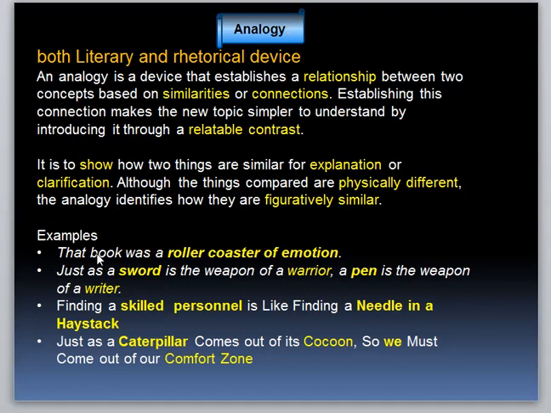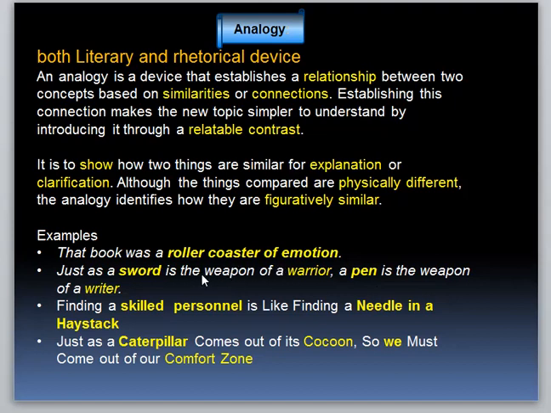For example, we have that book. Example: that book was a roller coaster of emotions. Now here, the book has which quality? It has the quality of a roller coaster of emotions. Roller coaster of emotions means sometimes it feels so positive, sometimes so negative. So it goes up and down and up and down.